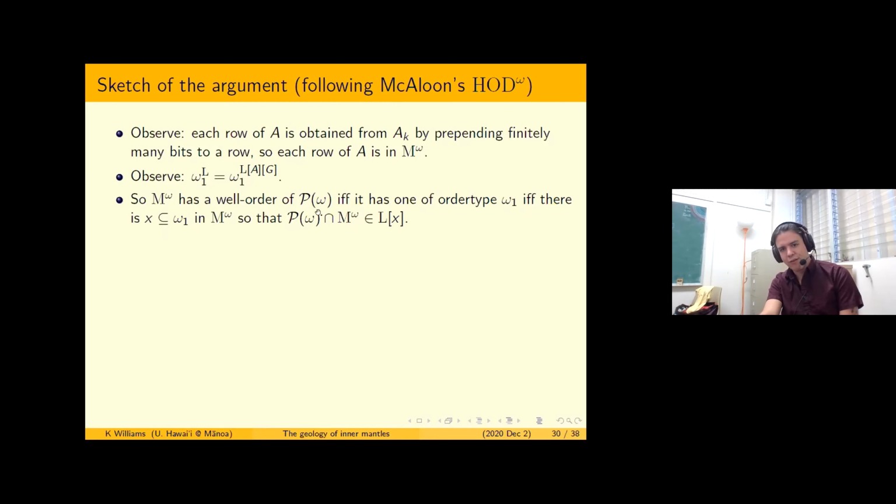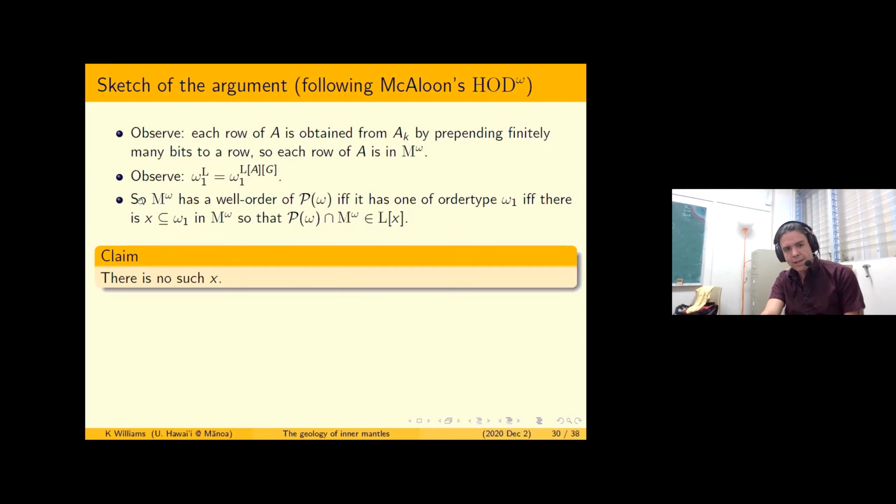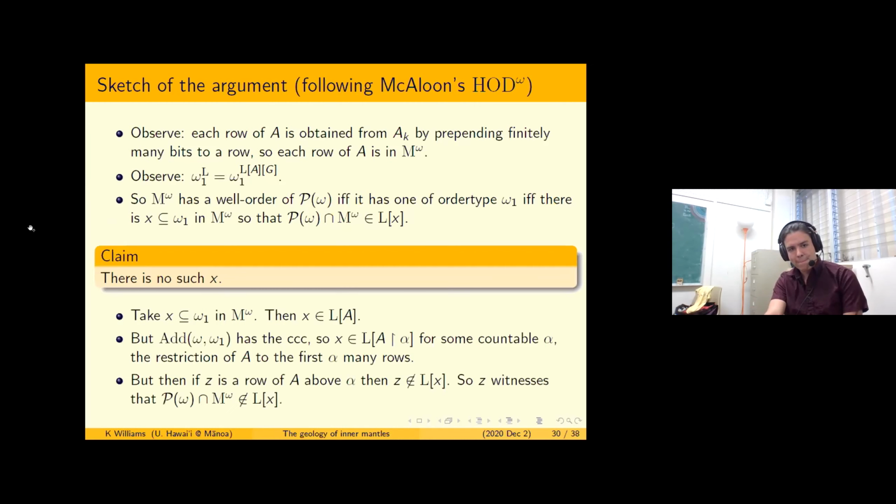Because basically, if all of these are constructible from it, then we look at the well order in here, that's going to be a well order of all of the power set of omega of the omega-th mantle. And so we just have to show there's no such X. So you can't have a single subset of omega_1 that tells you all the reals in the omega-th mantle. Okay, this isn't so bad.